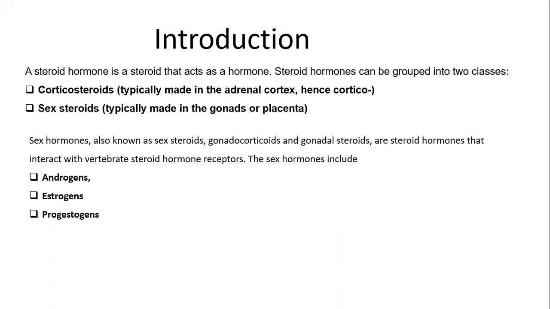Sex hormones are also known as sex steroids, gonadocorticoids, or gonadal steroids, and they are further classified into three different classes. The first is androgens, present mostly in higher quantity in males, while estrogens are present in females, while progestogens are present in both.